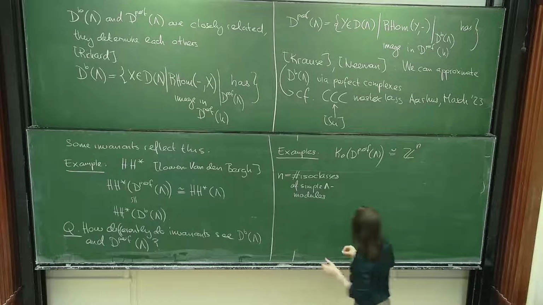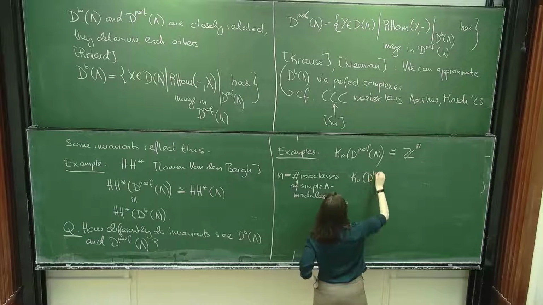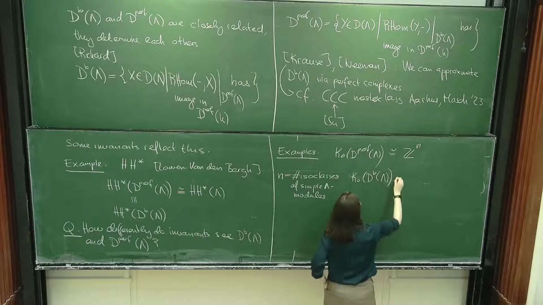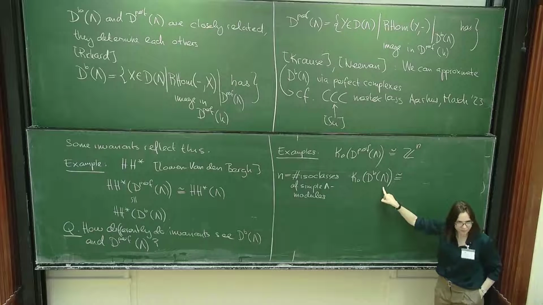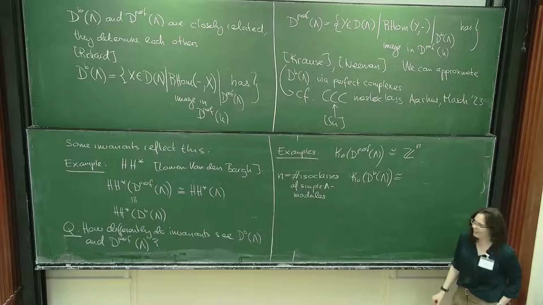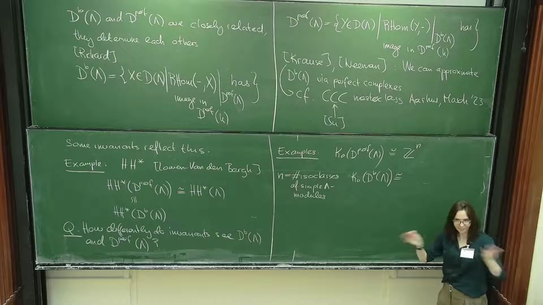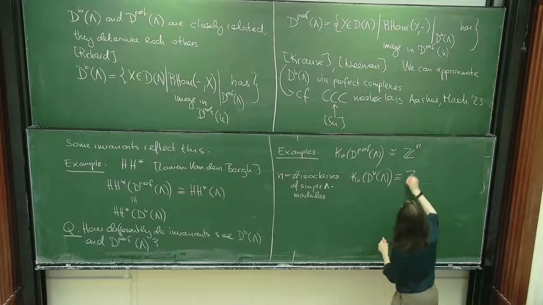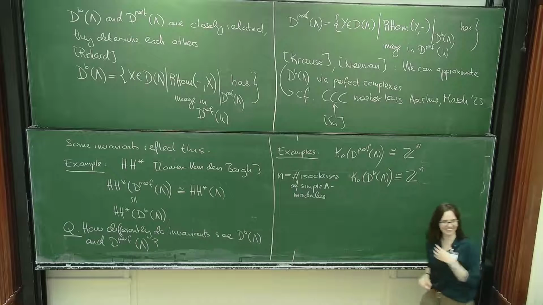Now, if we look at K0 of dB lambda, this is generated by the simple modules, but there are again n isoclasses of those, and again they're free. So this is again Z^n. Okay, so they agree. Nice.